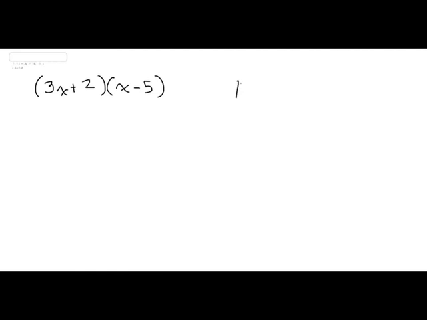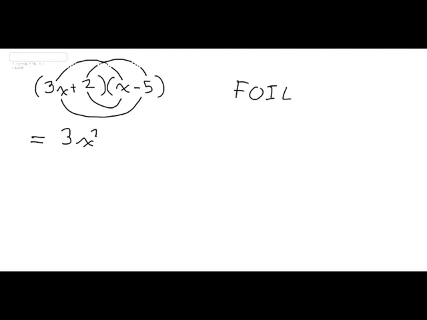So using FOIL to help us out, first, outer, inner, last, we're going to have our first terms, 3x times x, our outer terms, 3x times negative 5, our inner terms, 2 times x, and our last terms, 2 times negative 5. So here's what we're going to get. 3x squared, that's from our first terms.